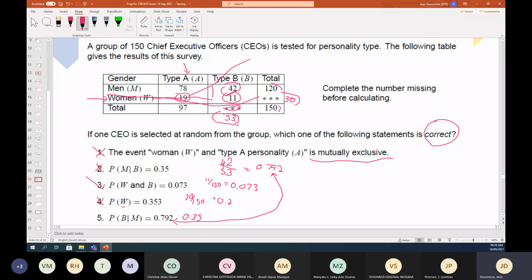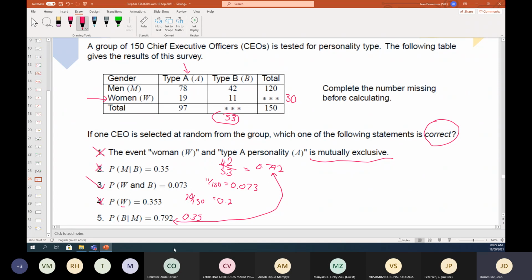Probability of B is 53. Oh, wait, it's not, it's the probability of B and M. Let's clear a bit as well. I'm going to put in the 50 now.